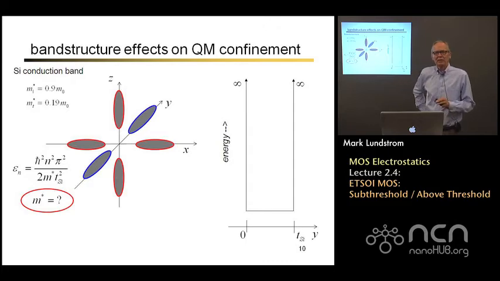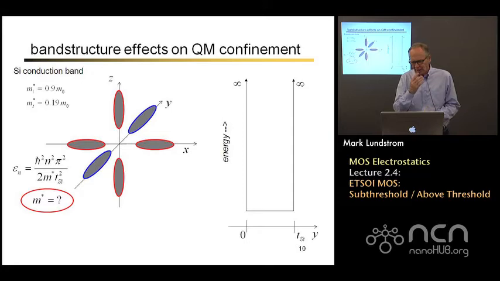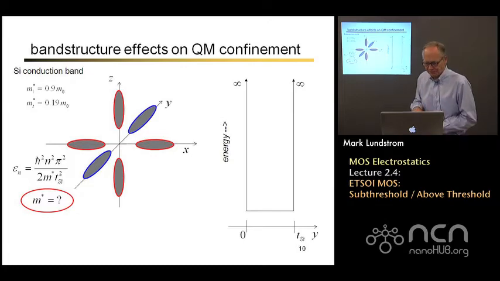Now, another detail that we're not going to discuss much at all in this course, but I just want to alert you to the fact that we have complicated band structures in some semiconductors. For example, you might recall that in silicon, the constant energy surfaces are 6 ellipsoids pointing along the x, y, and z axes. If I ask which effective mass to use here, remember I have a longitudinal effective mass and a transverse effective mass, so it's not so clear which one to use.